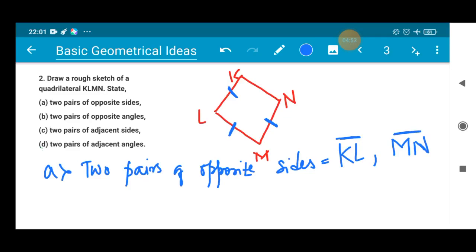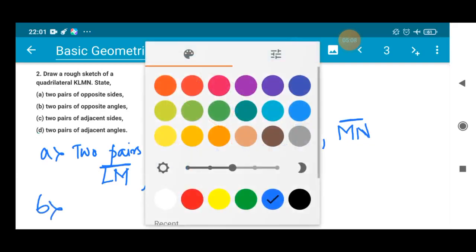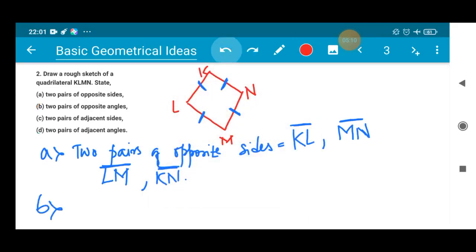Similarly, LM is one side and the opposite of LM is KN. So these are the two pairs of opposite sides. Now, number B is two pairs of opposite angles.